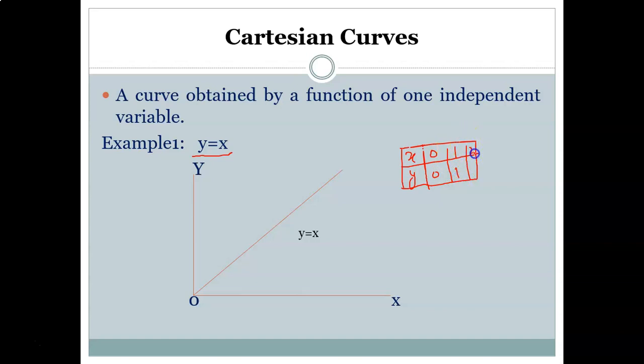If you take 2, then this is 2, and so on. So suppose this is 0, this is 1 and this is 2. Similarly here this is 1, this is 2, value of y. So x is 0 at this point, 1 is this point, and similarly for 2 the point will be somewhere there. This way we get a straight line, the very simple one.